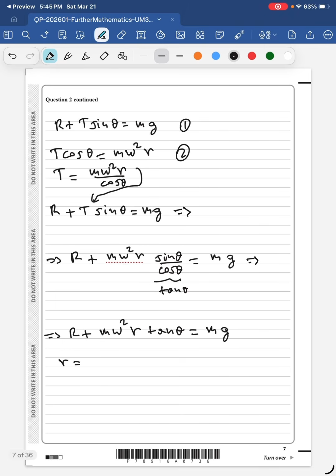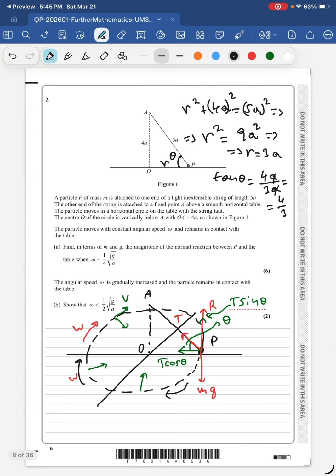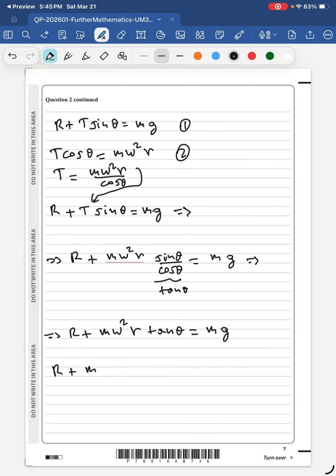So let's go plug in. Let me erase that, you don't need it. So R plus m, and then omega squared is 1/4, which becomes 1/16, and then the square root cancels due to the square, because we square the square root. Times r, which is 3a, times the tangent of theta, which is 4/3, is equal to m times g. So a cancels, and what else cancels?